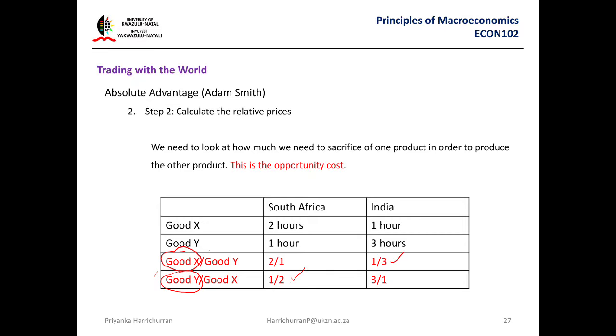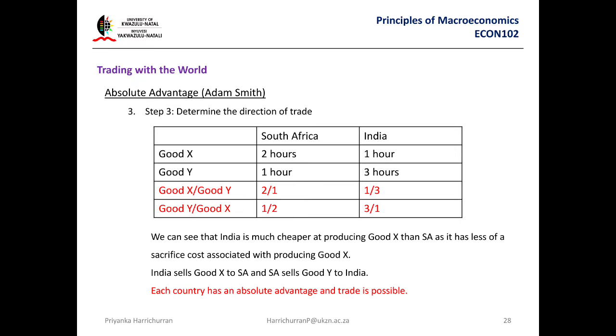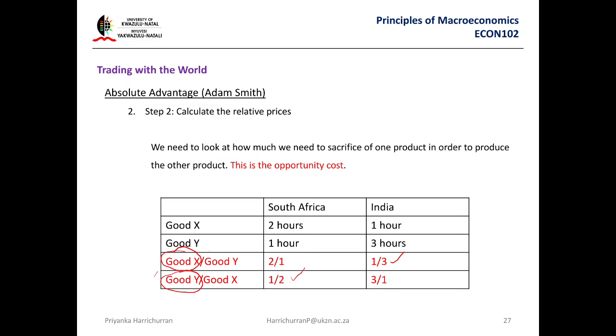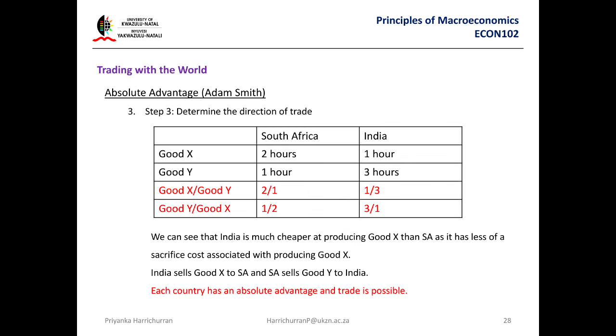So what this means is very, very simple, right? We can see that India is much cheaper producing X. Did we pick India? Yes, we picked India for X. For Y, we picked South Africa. Yes, 100% we were correct. So now, what we concluded: we can see that India is much cheaper producing good X than South Africa.